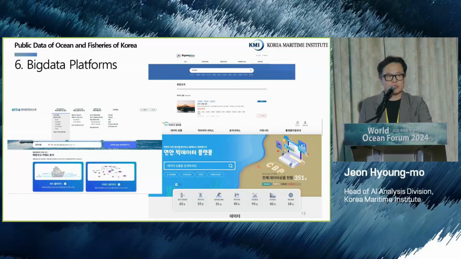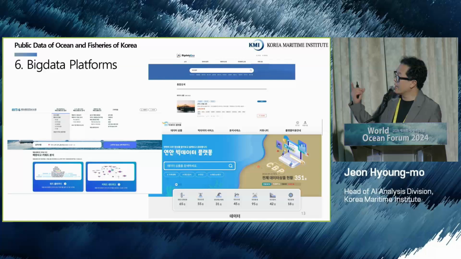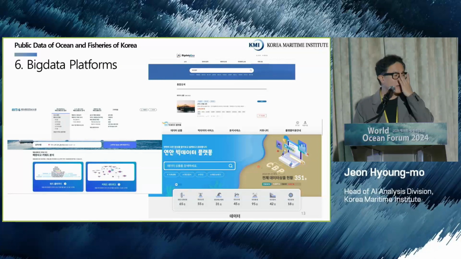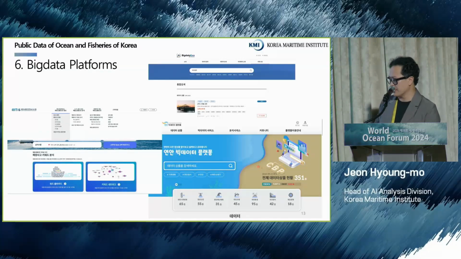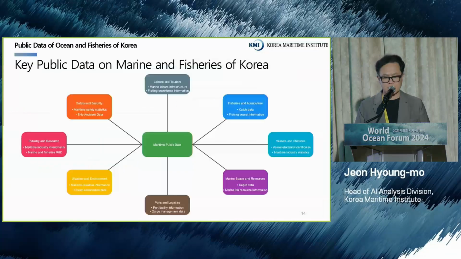I previously introduced GCOMS. You may think that it is redundant with GCOMS, but the vessel operator can refer to the MTIS and get the data they need right away. So these are for public use.